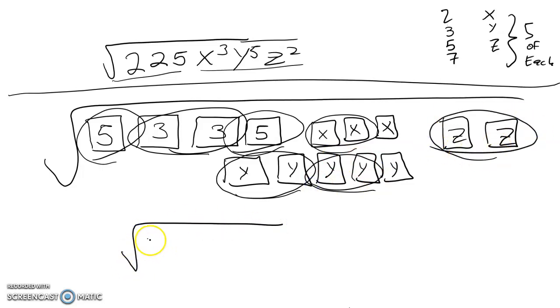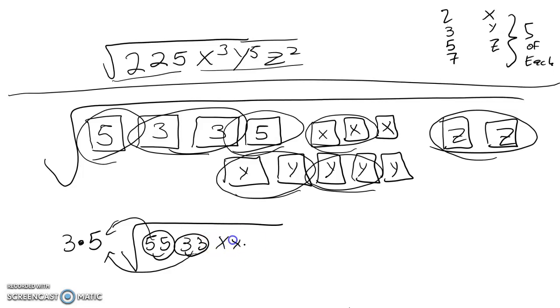Go down to my piece of paper, and I see that my 5's together and my 3's together will get me to the outside. If I have 2 numbers, so 2 5's make a 5 on the outside, 2 3's make a 3 on the outside, and then my 2 x's will come outside.